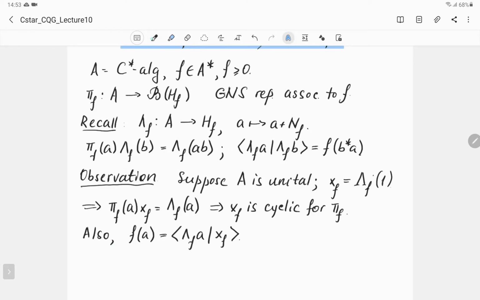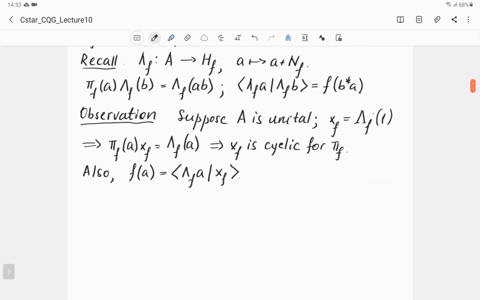Okay, so our first goal will be to extend this observation to the non-unital case. So we'll show that each GNS representation is cyclic. And our second goal will be to prove the converse statement, that each cyclic representation is unitarily equivalent to a suitable GNS representation.